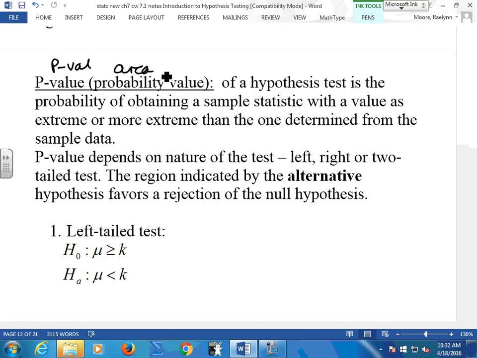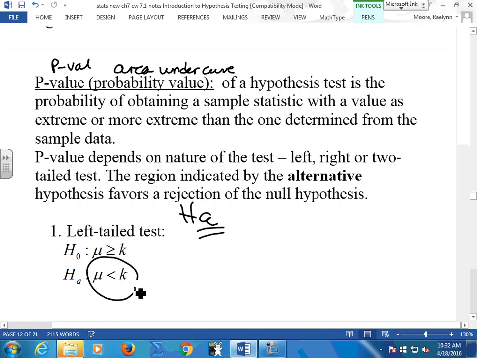But this is the same as your area under the curve, which is why we do a left tail test, a right tail test, a double test. So your p-val, again, we're not going to do it yet, but it's going to depend on which way you're testing. Your test always follows the HA. So when I look at my HA, this arrow is pointing left. I have the left tail test.